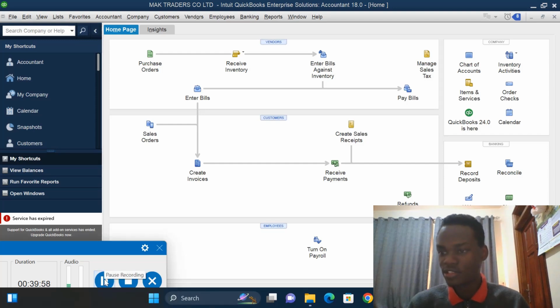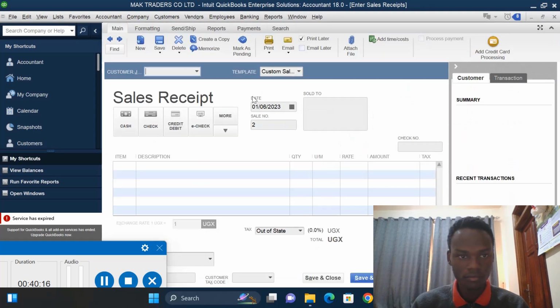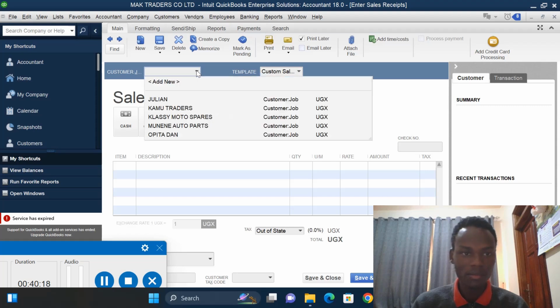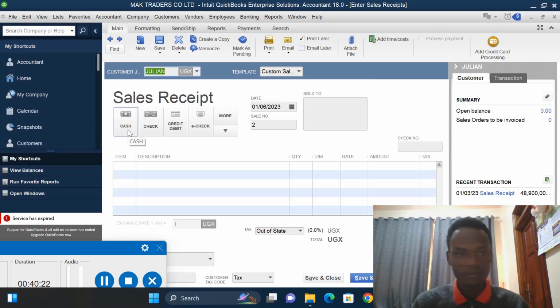So for the next transaction, sold 10 liters of engine oil and generators. So we shall create a sales receipt. So our customer shall use Julian. It's on 10th January.